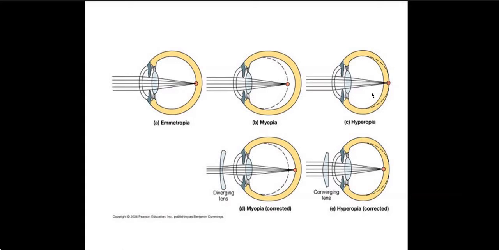So for hypermetropia, a converging or convex lens is used, and to treat myopia, a concave lens is used.